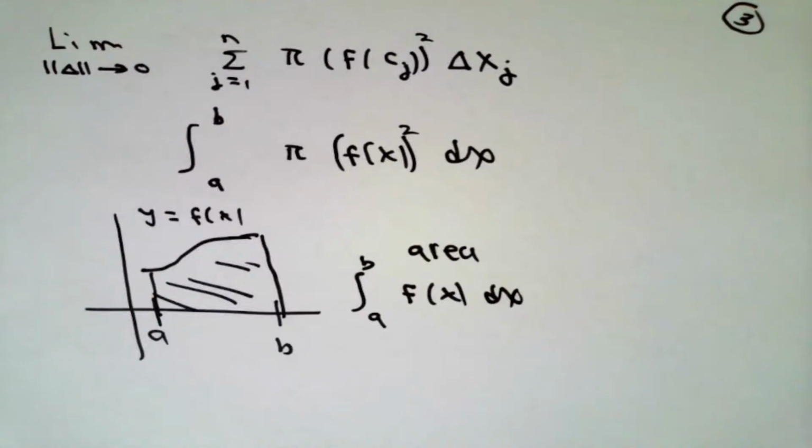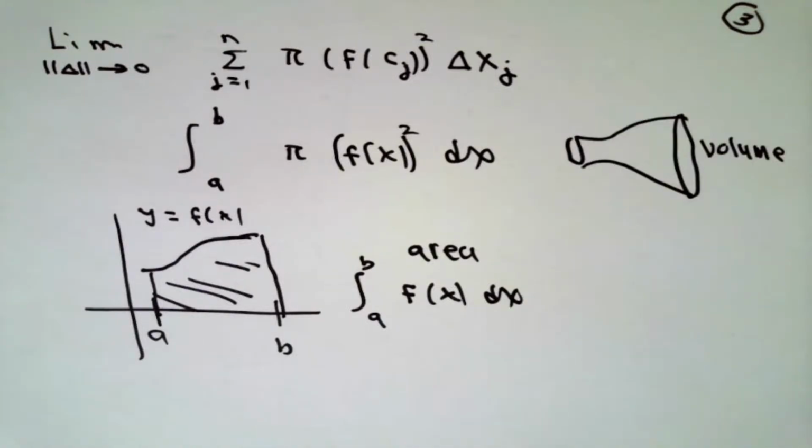If I was just calculating the area under the curve, presuming that f is positive for convenience, this would just be the definite integral from a to b of f of x dx. But when we do the volume, it's different. The volume calculation is going to have a factor of pi, and not only that, you're not going to have a factor of f of x, you'll have f of x quantity squared instead.